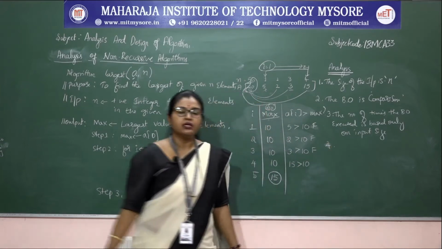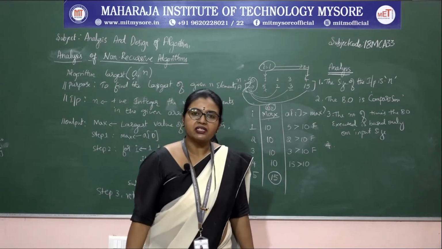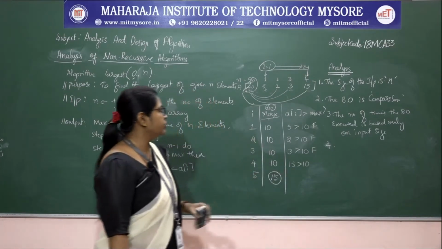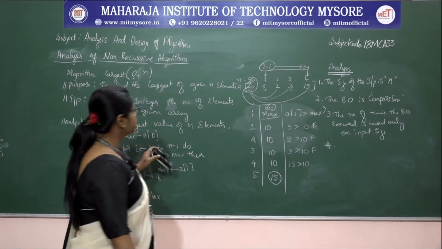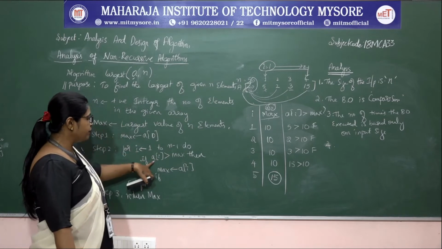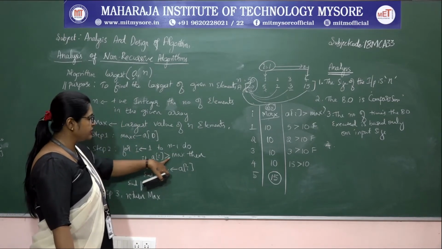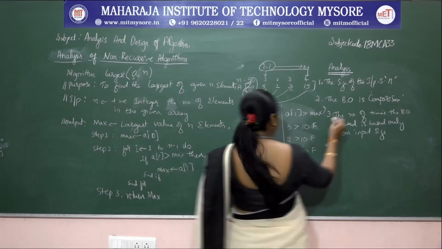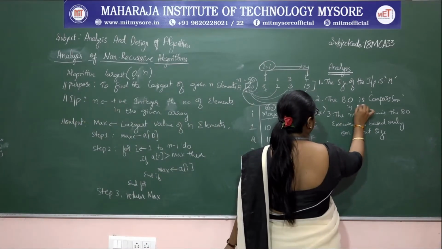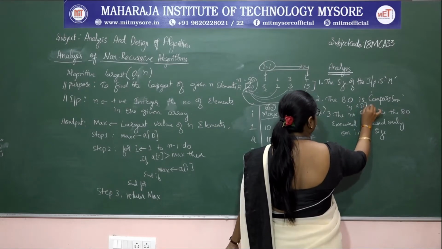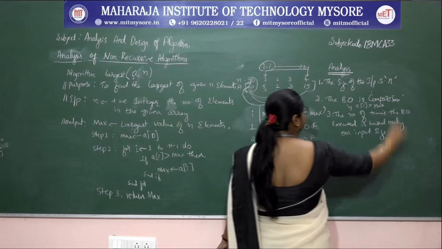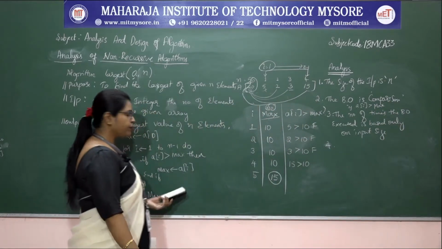Therefore, the fourth step. What is the fourth step? The fourth step is to set up a summation equation for the given algorithm. So what is the algorithm? Here we have a basic operation, A of I is greater than max. If so, we are performing the operation.